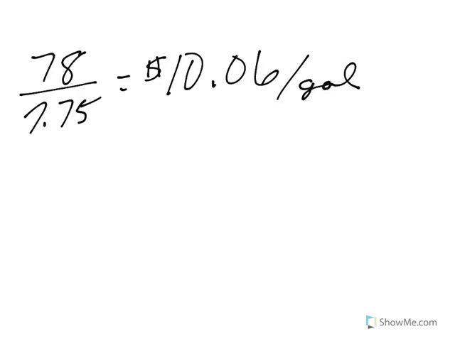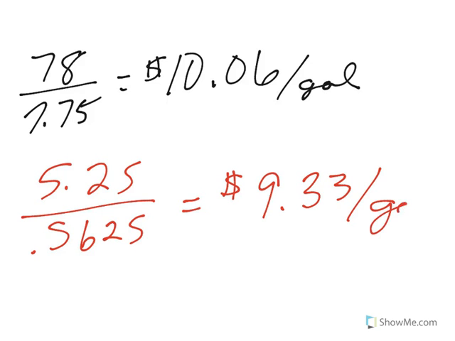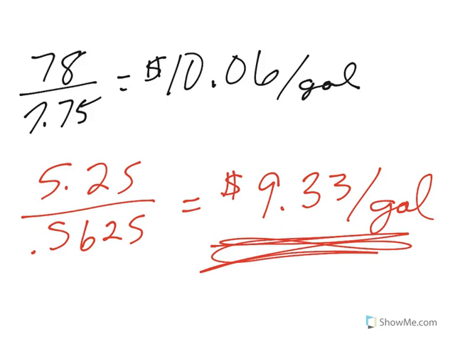If we go to the other one, where the price is $5.25 and the number of gallons is 0.5625, the price per gallon is $9.33. So if you're looking for the best deal, this one is cheaper. So you should buy the 6-pack of bottles, and that would be cheaper.